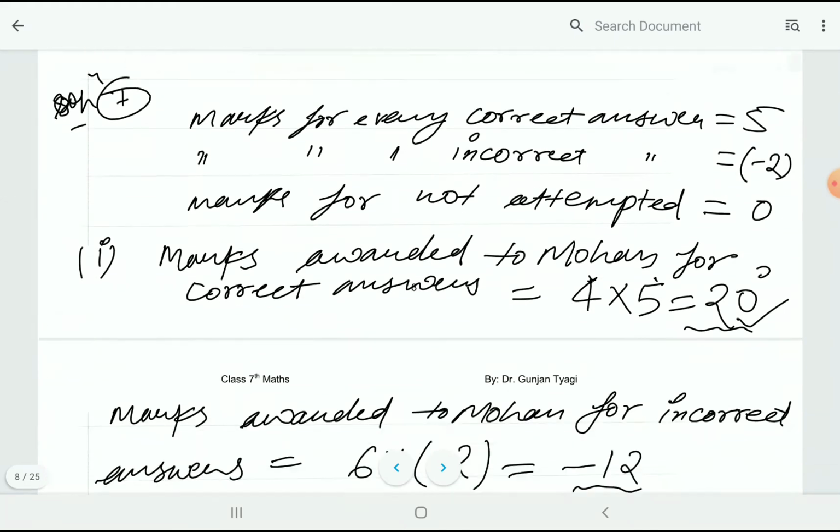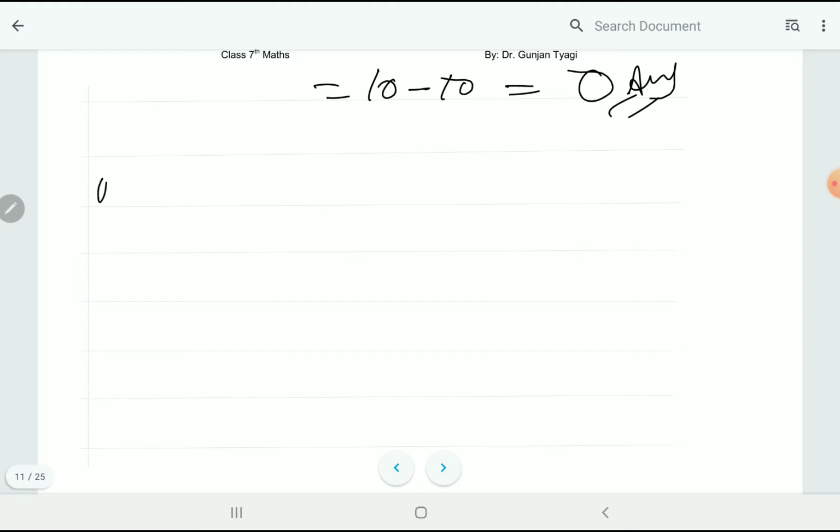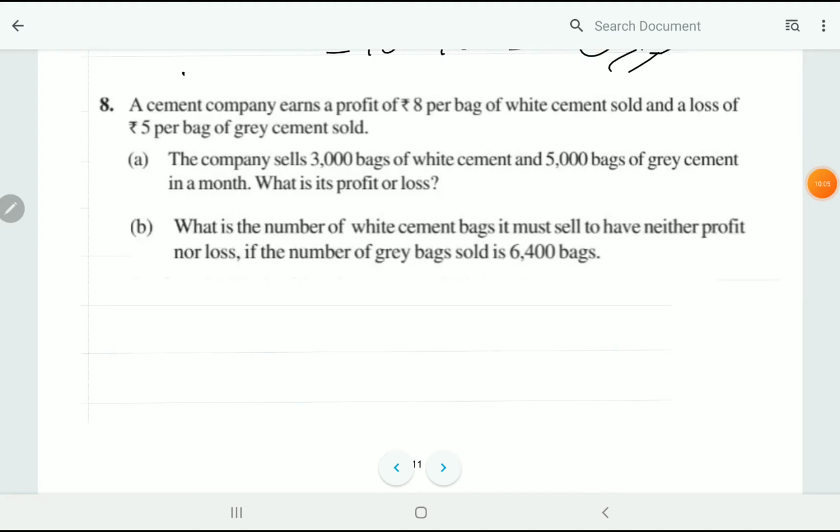Let's do the next question of the same exercise, that is the second last question, question number 8. This is question number 8 on the screen. Let's do this one. First of all, read the question. A cement company earns a profit of rupees 8 per bag of white cement sold and a loss of rupees 5 per bag of grey cement sold.